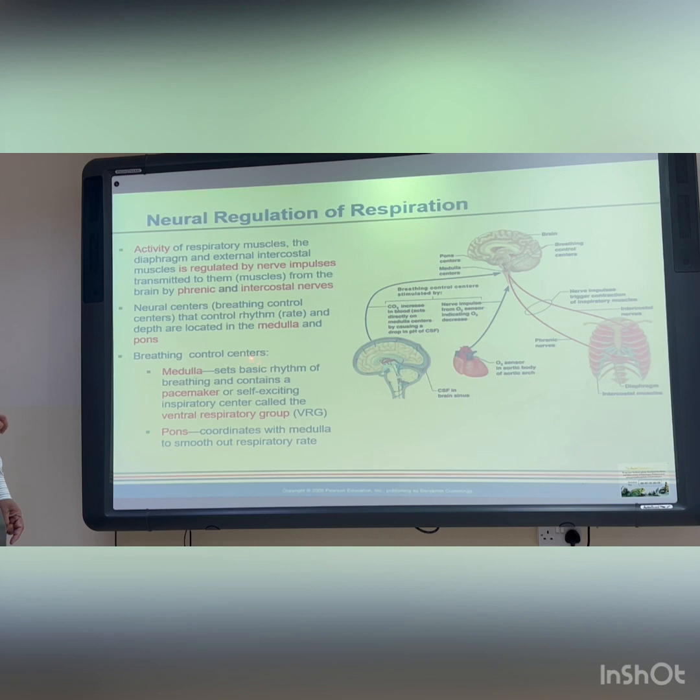The breathing control center in the medulla sets the basic rhythm of breathing and continues as a self-existing pacemaker. So it is like the pacemaker which gives the contractility to the heart, if you remember the SA node. It is similar to the SA node. The ventral respiratory group, also the pons, coordinates with the medulla to smooth out the respiratory rate.